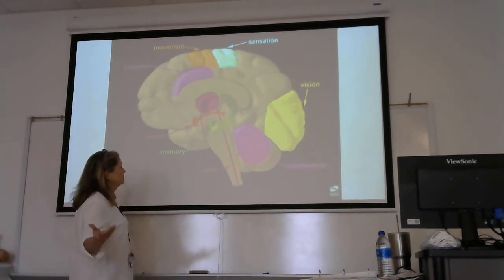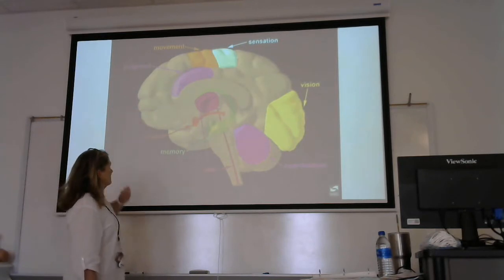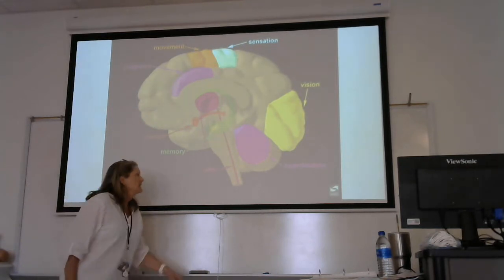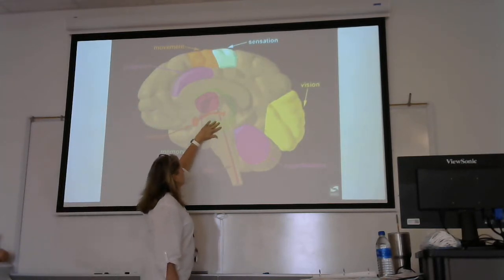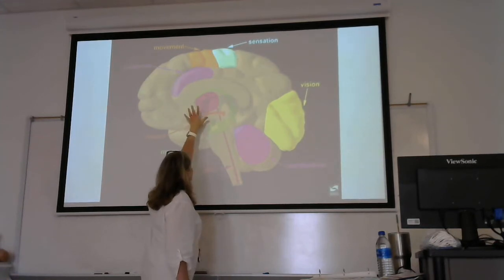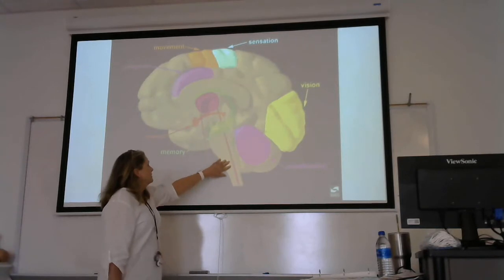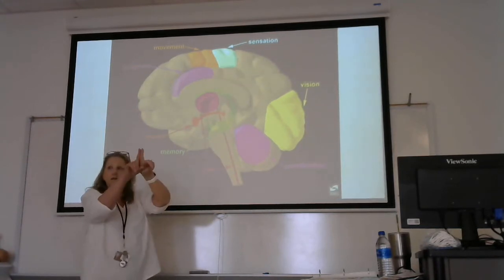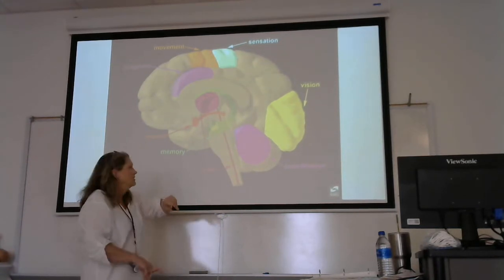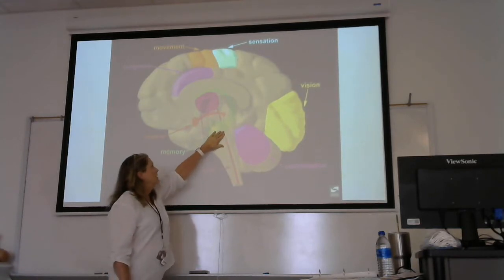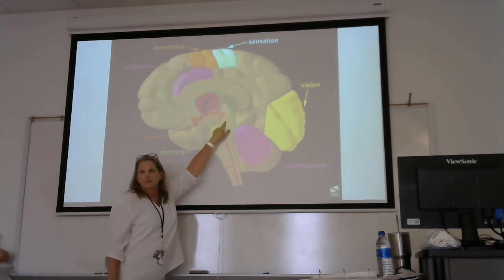Y'all know that from strokes, there's vision, sensations, all these things. Here toward the thalamus and the medulla, up in the brain stem and center brain, there are two areas that get real close to each other. And it's this pain pathway and this reward center.